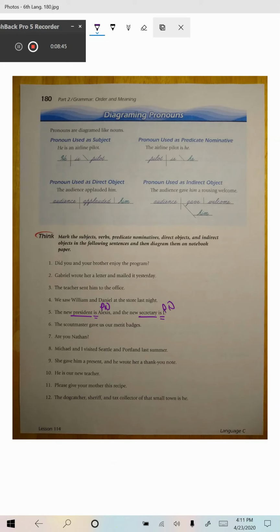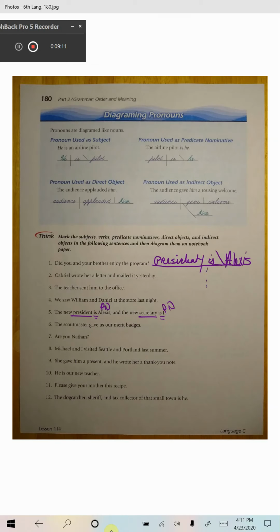All right, let's try to diagram it. I'm going to go up here. So we have president, probably should put the line first, is, predicate nominative gets a slanted line. Alexis. Okay, and then we connect it in the verb.